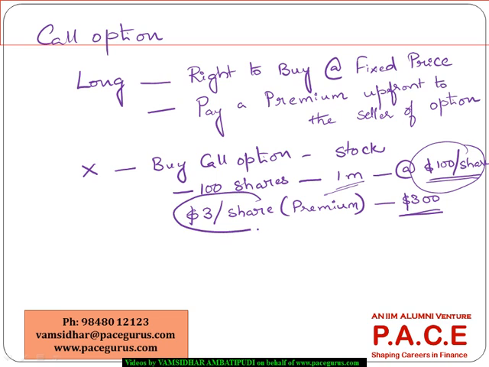By paying initially $3 per share, the person who has taken a call option is purchasing the right to decide after 1 month whether he wants to buy the share at $100 or not. Generally he will exercise the option only when the market price is greater than the 100.